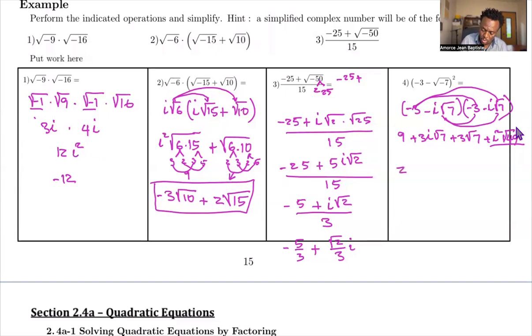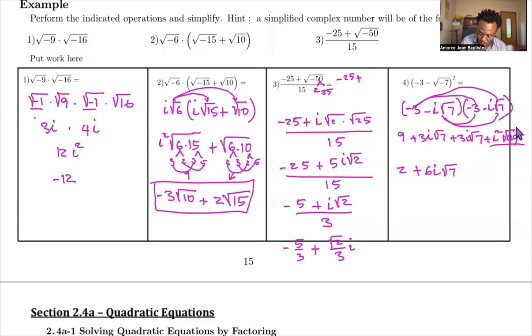So that's 2. And then plus 6, I believe this is 3i. It's 3i square root of 7. So that's 6i square root of 7.